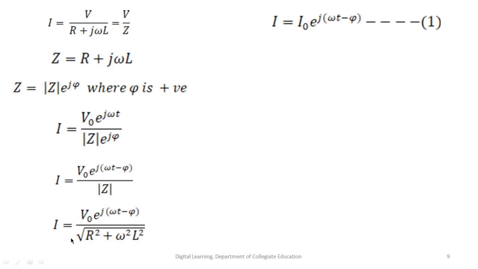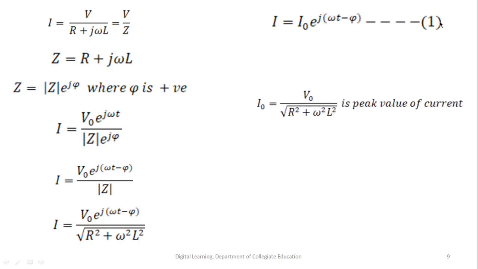Replacing this whole constant term, that is V naught divided by square root of R square plus omega square L square, as I naught, this expression can be written as I is equal to I naught e power j omega t minus phi. Call this equation number 1.